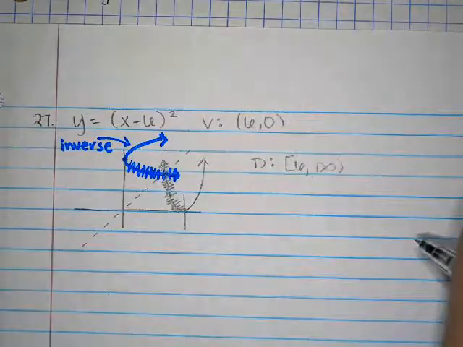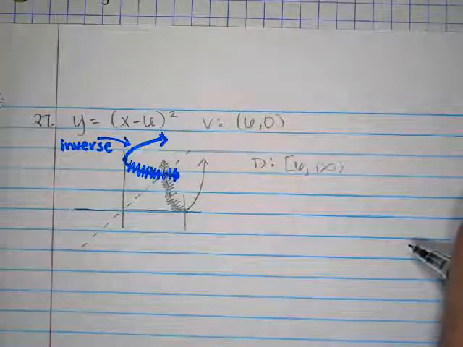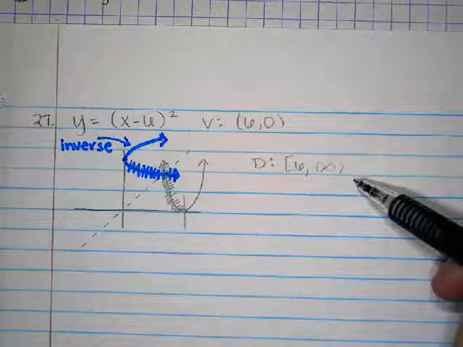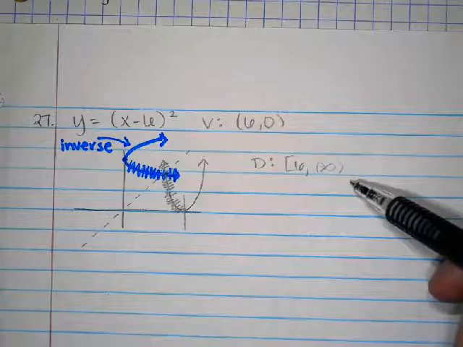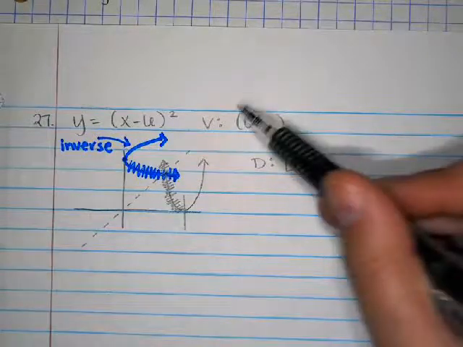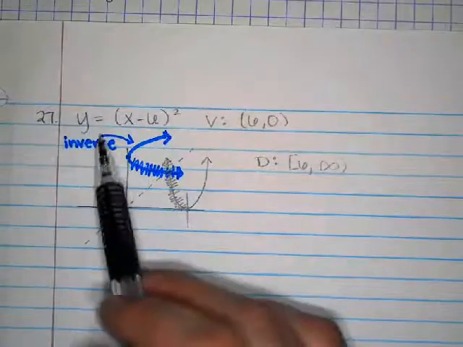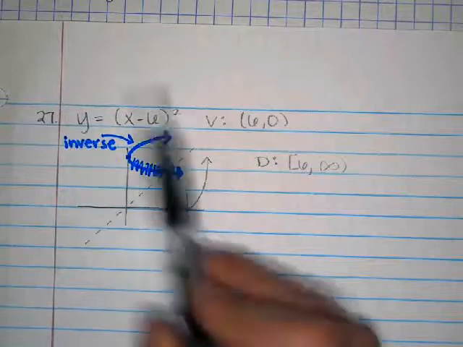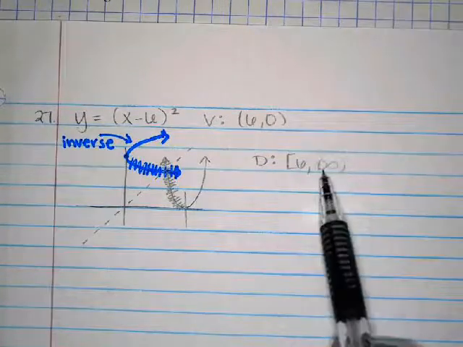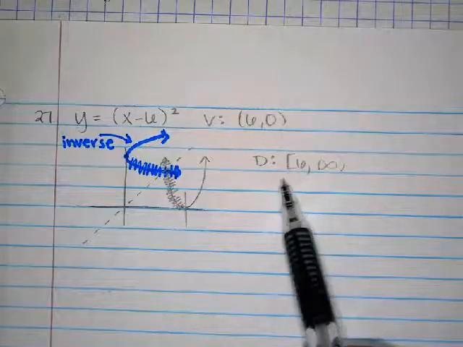Okay. All right, let's read the instructions again. Okay, so we limited the domain of the original problem. So if the original problem said find the inverse of this parabola with a domain of this, then they'd be saying find the inverse of the right half only.